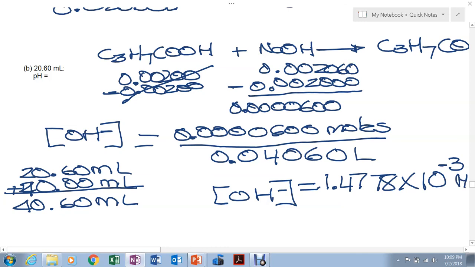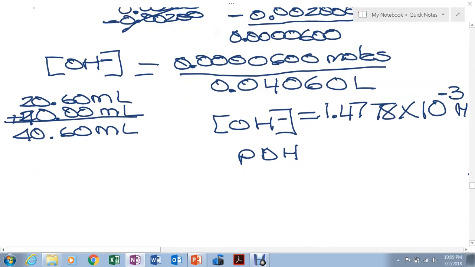So the pOH is the minus log of this. Remember, we have an excess now. The pOH equals the minus log of that, which is going to be 2.83. And the pH would be 14 minus 2.83.